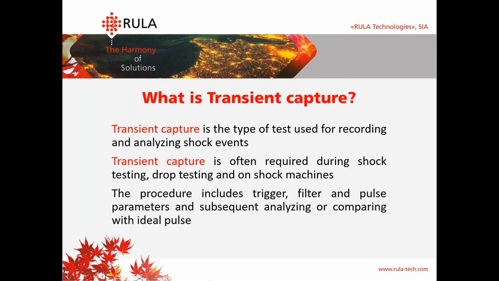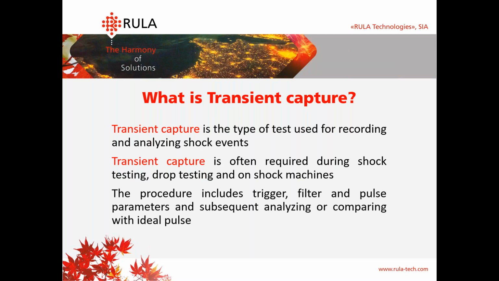What is transient capture? Transient capture is a type of shock test used for recording and analyzing shock events. Also, transient capture is often required during shock testing, drop tests, and the shock machine's usage. You can use transient capture when you need to compare the shock with the required task.